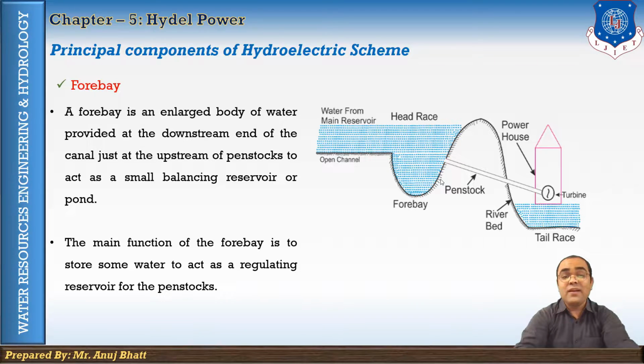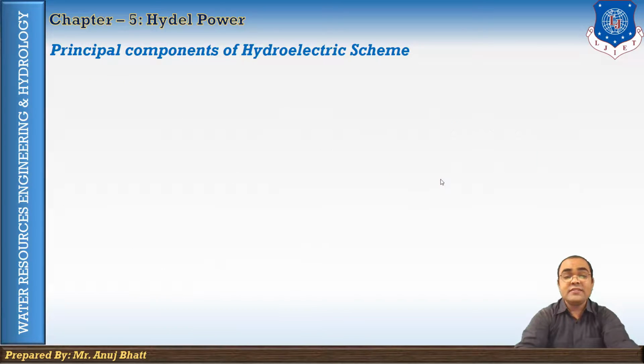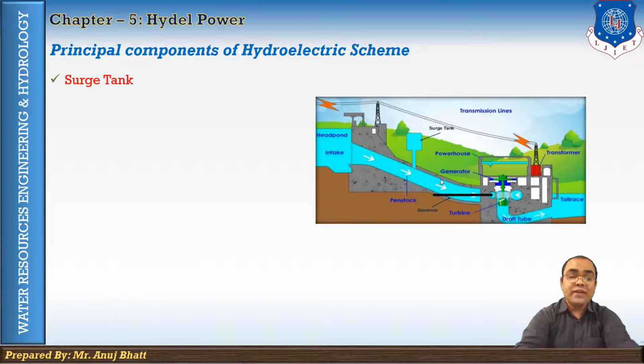Now the next component is the surge tank. If the conveyance system consists of a penstock under very high pressure, a surge tank needs to be provided, and it is usually required at the upstream of the powerhouse to reduce the water hammer effect. Here in this figure you can see the surge tank provided with the penstock at the upstream side.